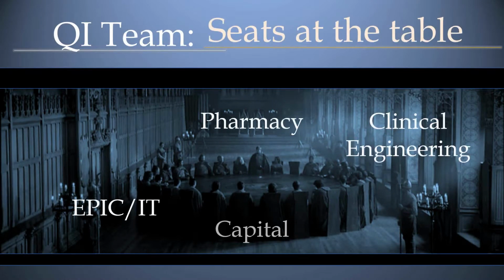Well, pharmacy, clinical engineering, anesthesia, Epic, anybody who's involved with capital, so any solution that I may propose may need some money, and of course, the DNAP program. These are the players that have to work together to find a solution and to actually implement a solution that will reduce medication administration errors.